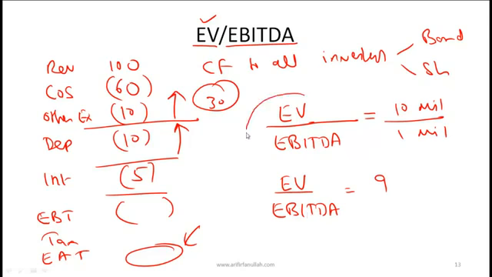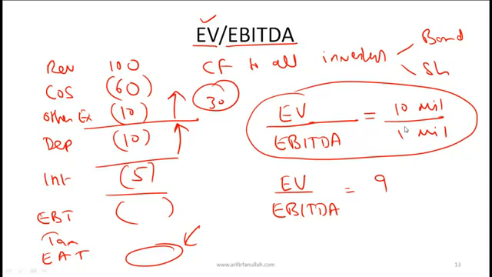But if the company we are evaluating has a ratio equal to 10, that would imply that this company is overvalued, unless there is a good reason why the enterprise value is higher. Obviously, if it has a strategic advantage which can explain the higher multiple, then that's all right. But if there is no way to explain the higher multiple, then that would imply that this company is overvalued.